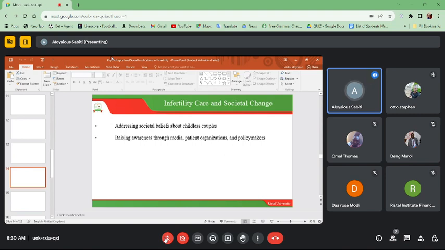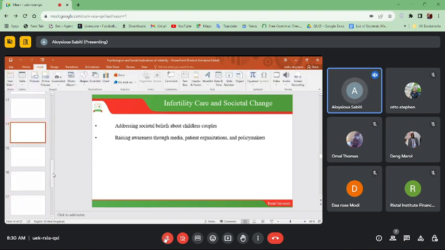So as we summarize this aspect of psychological and social implications, you have to look at infertility care and societal change. First, addressing societal beliefs about childless couples. Two is raising awareness through media, patient organizations, and policymakers.